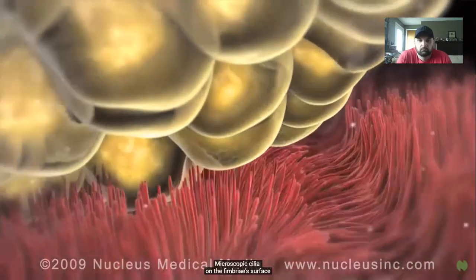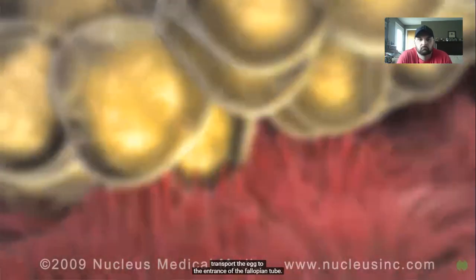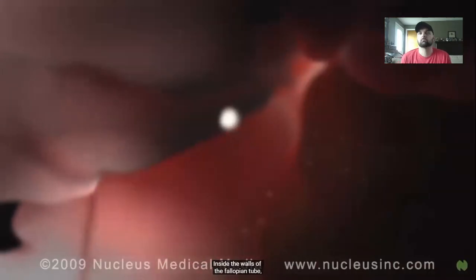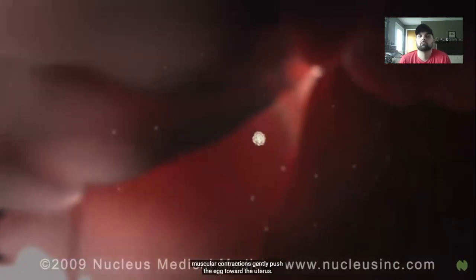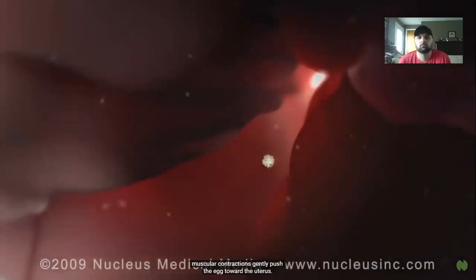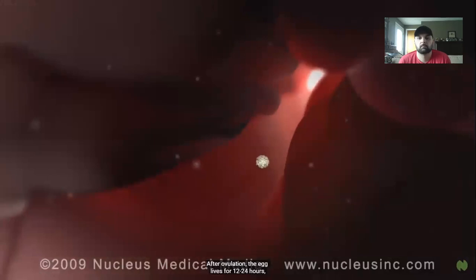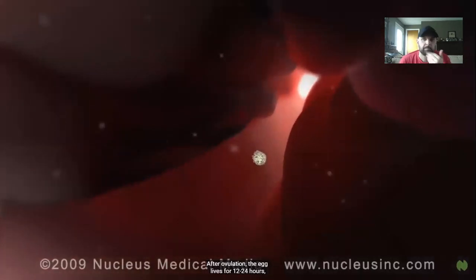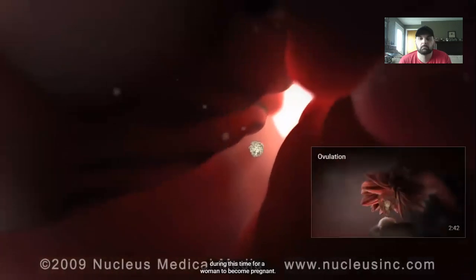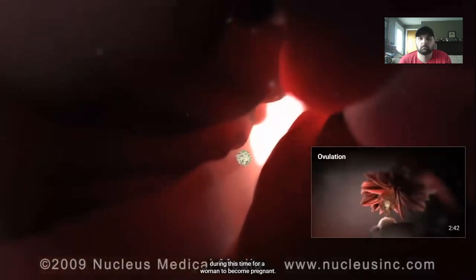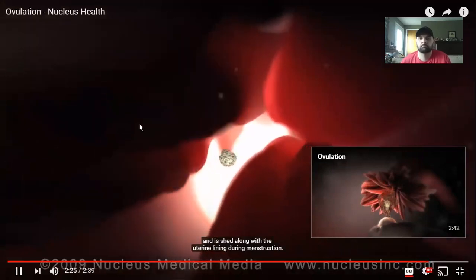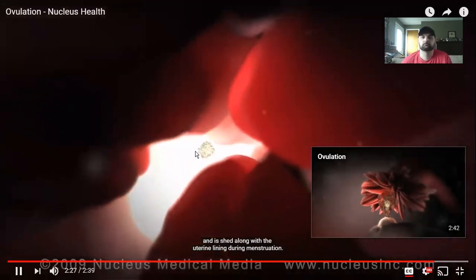Microscopic cilia on the fimbriae's surface transport the egg to the entrance of the fallopian tube. Inside the walls of the fallopian tube, muscular contractions gently push the egg towards the uterus. After ovulation, the egg lives for 12 to 24 hours, so it must be fertilized by a sperm from the male during this time for a woman to become pregnant. If it's not fertilized, the egg dissolves away and is shed along with the uterine lining during menstruation.